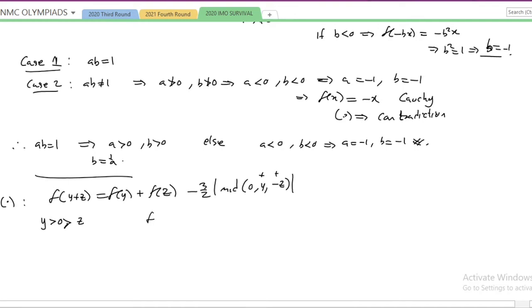So what we have here is y plus z could be positive, could be negative, so we don't know much about that. Now f of y, that's positive, so that would be ay, and f of z, that's negative, so that would be bz or z over a.